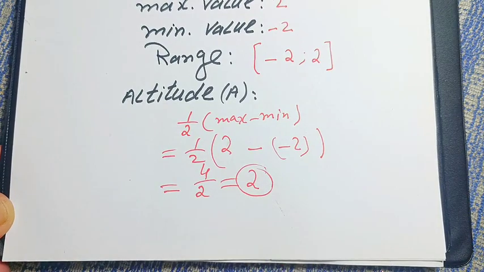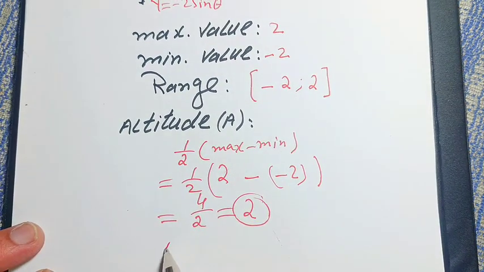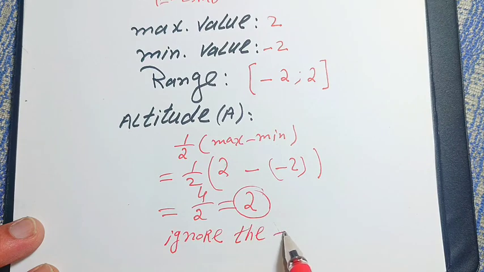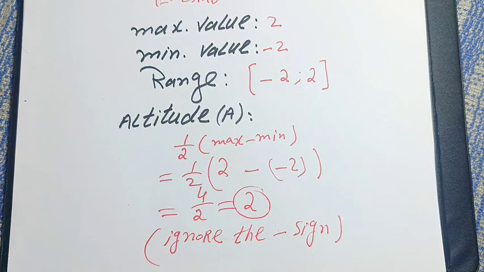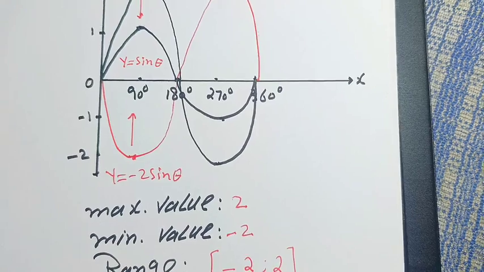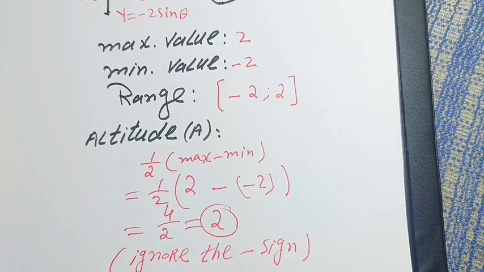You can apply the formula every time if they ask you to find the amplitude, or you can just ignore the negative sign and write the answer, because either way the amplitude is only going to be positive. You can see we proved it with the formula. So you ignore the negative sign.